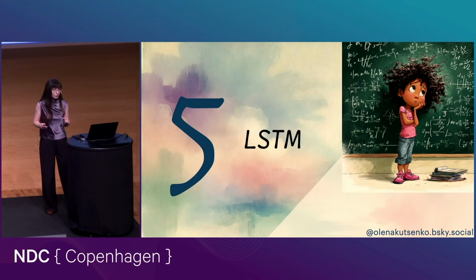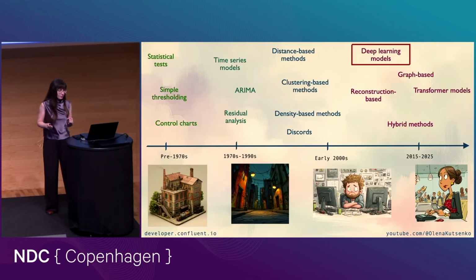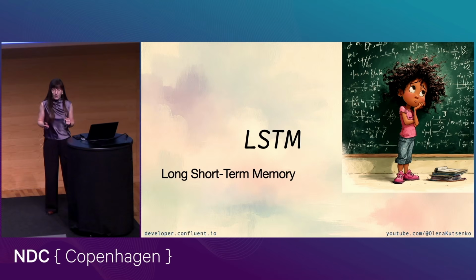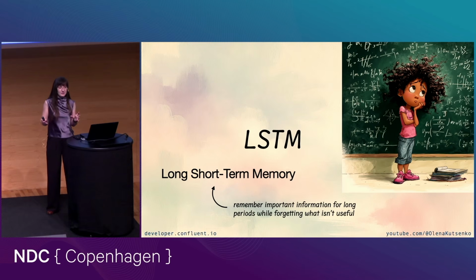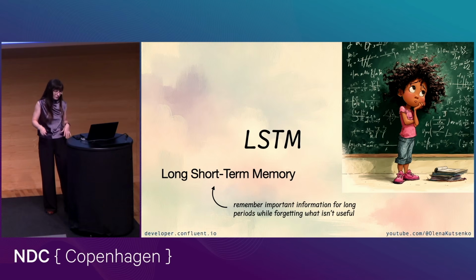Here we are going to look at the LSTM model, which belongs to deep learning models. LSTM stands for long short-term memory. So it makes sure that we remember important stuff and forget unimportant stuff.